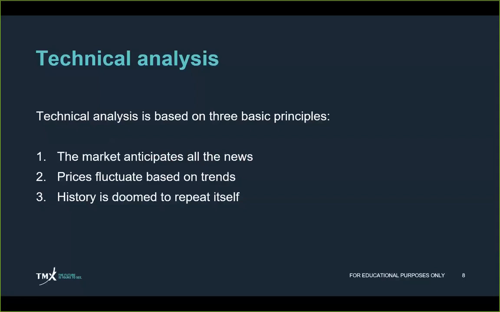And I use the word probability, and this is something that everybody needs to really pay close attention to. If we all had a crystal ball, or if I had a crystal ball, this business would be easy. At the end of it all, what we're really focused on is trying to identify certain things taking place within these price patterns that are going to give us a higher probability of being correct.